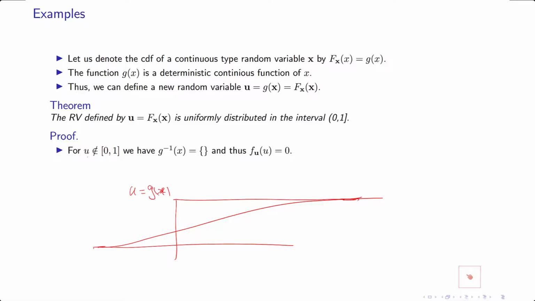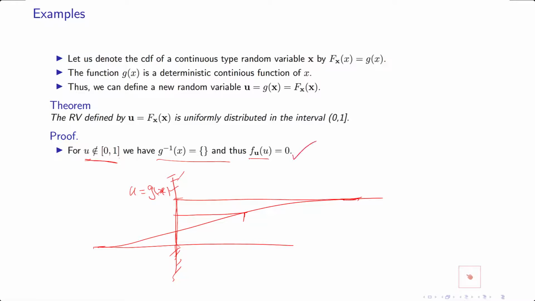So for all values of u between 0 and 1, when you draw it, you have at least one solution. If u is above 1 or below 0, you don't have solutions. So for u not being in the interval 0, 1, the PDF of u is 0.